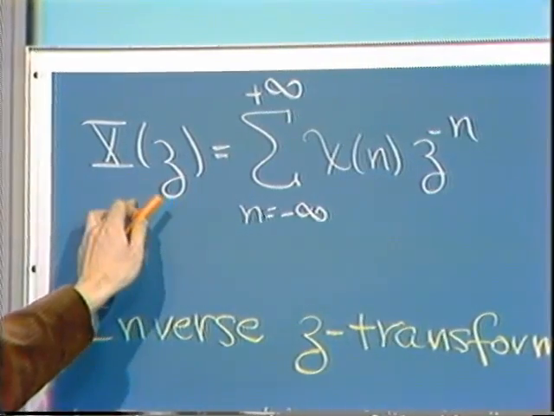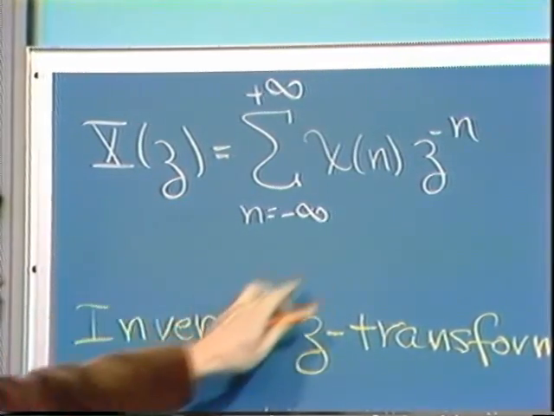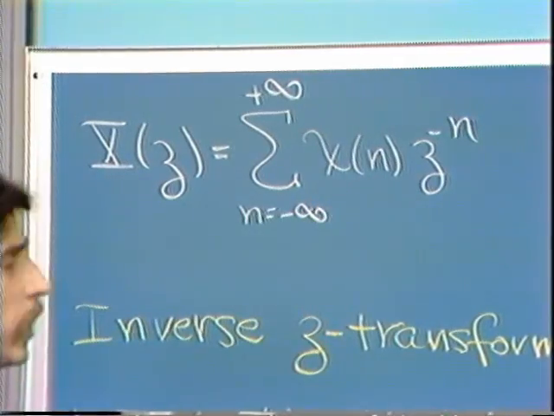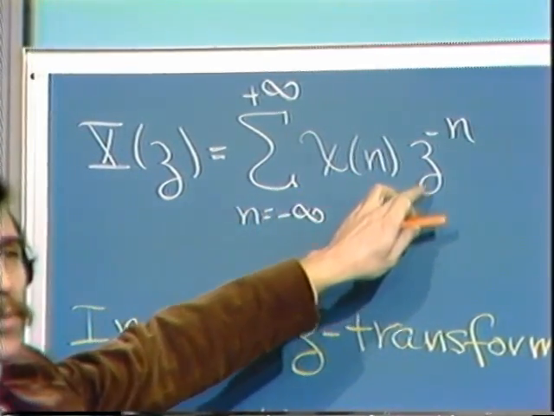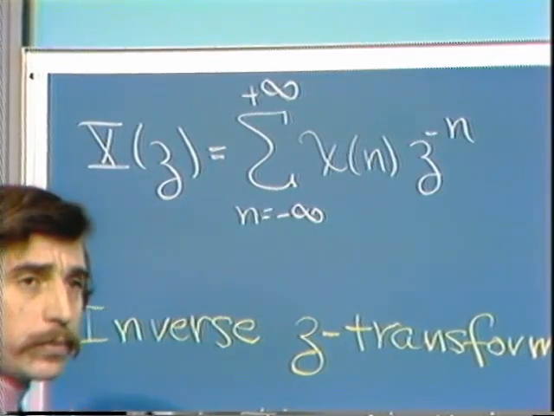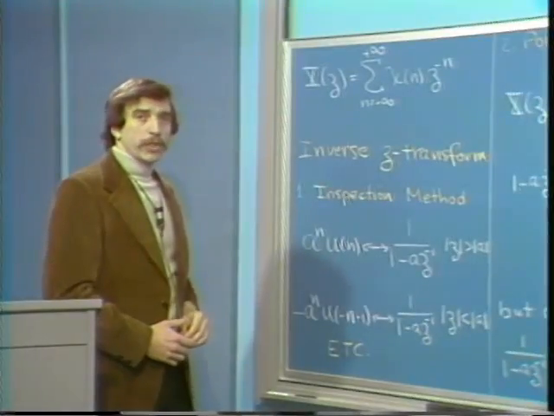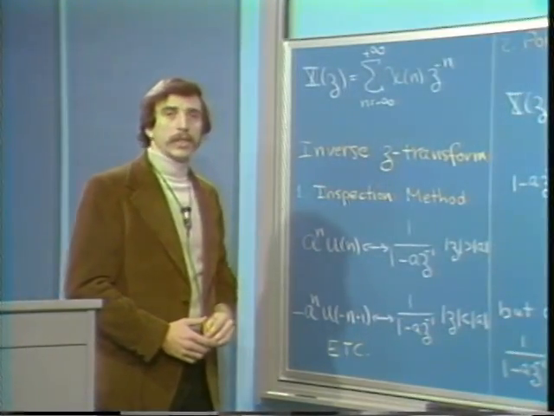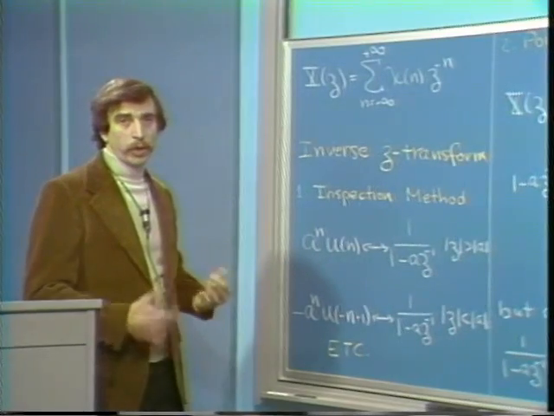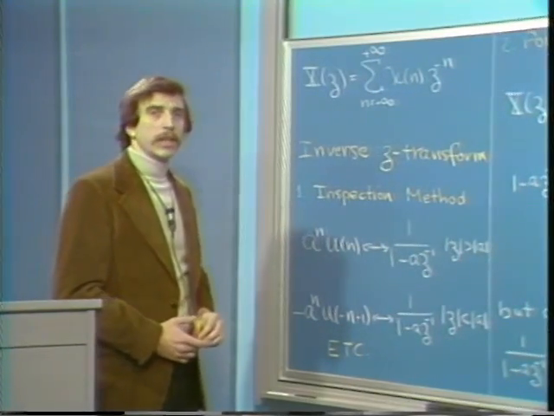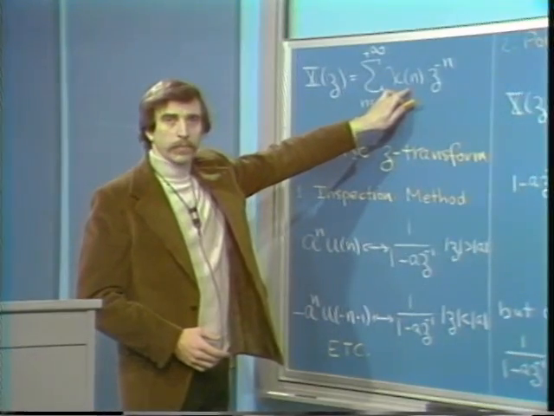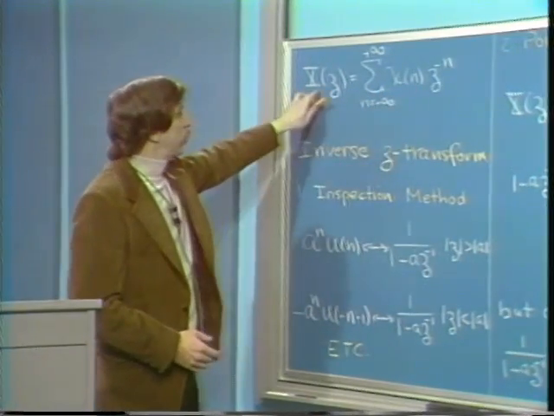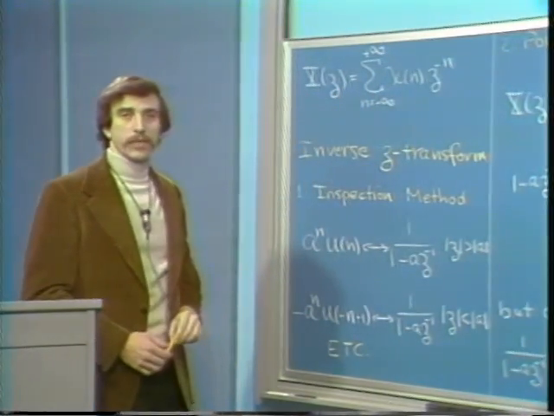The Z-transform X(z) of a sequence x[n] is given by the sum of x[n] times z to the minus n. The inverse Z-transform, of course, is the relationship or the set of rules that allow us to obtain x[n], the original sequence, from its Z-transform X(z).